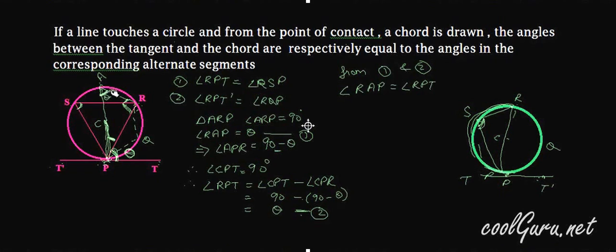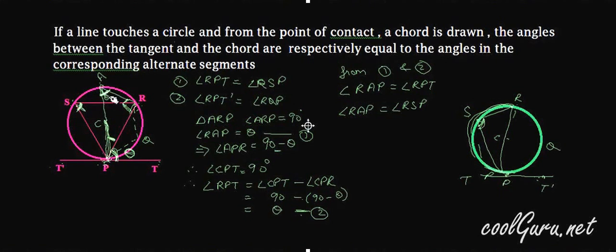Now consider these two angles, RAP and RSP. Angle RAP is equal to angle RSP. Why? Because these two angles are angles subtended by the chord RP in the same segment of the circle, and we know that angles in the same segment are equal.